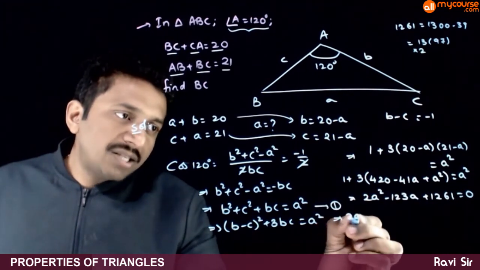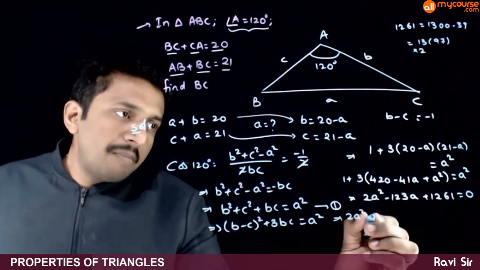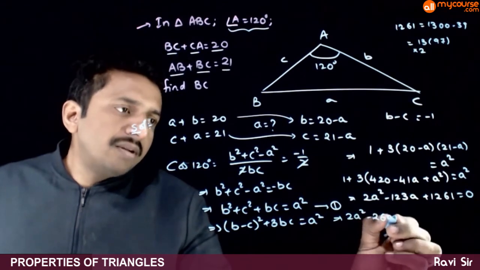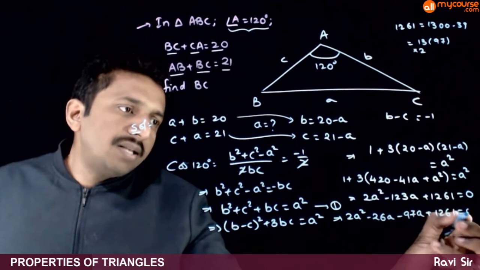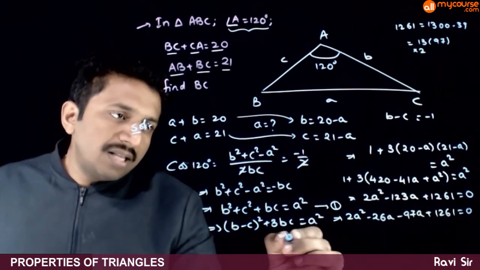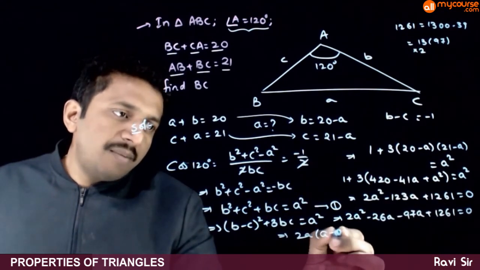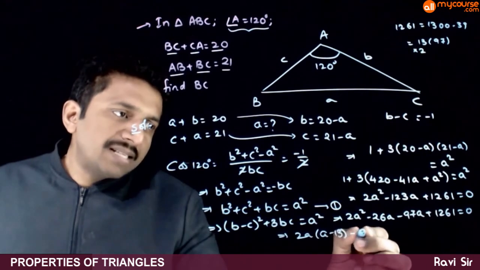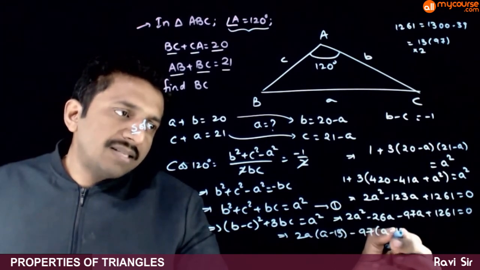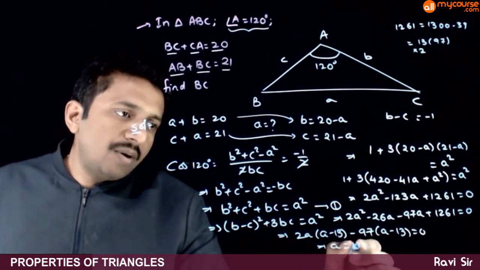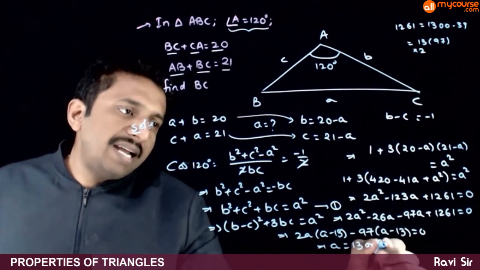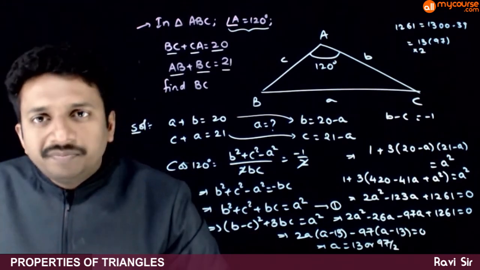So you can factorize this as 2A square minus 26A minus 97A plus 1261 is equal to 0. This implies 2A times (A minus 13) minus 97 times (A minus 13) is equal to 0. This implies A is equal to either 13 or 97 by 2.